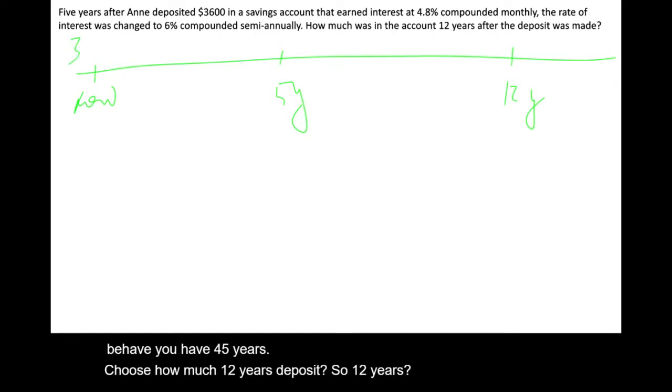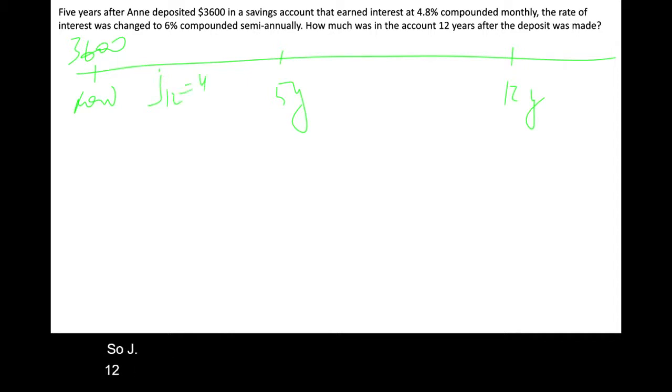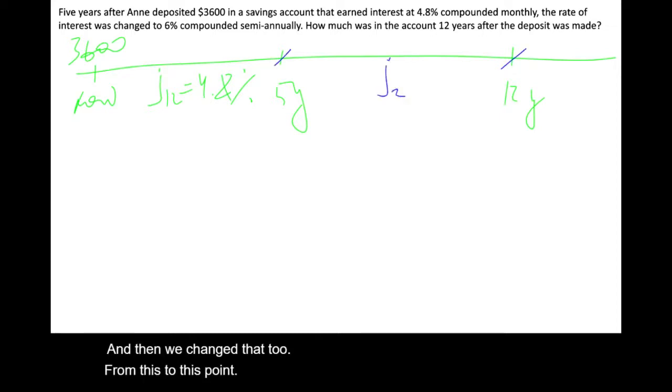And 3,600 is here. So J12 is 4.8%, and then we change that from this point to J2, 6%.